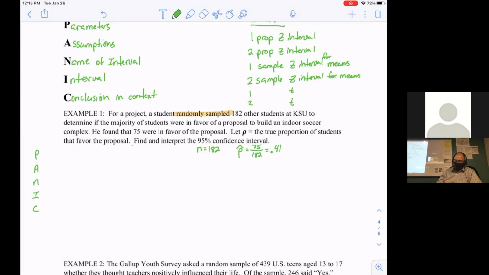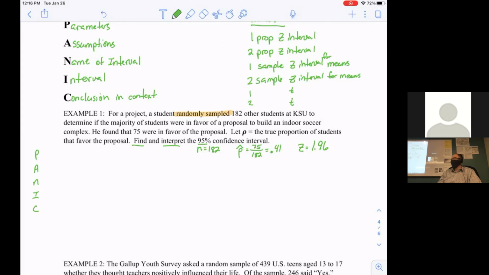Find and interpret. So typically, this is never going to tell you find, but the conclusion part is going to be our interpret anyway. So we're covered. 95% confidence level. So if we're going to use 95% confidence, what critical value are we going to use? Do you remember? 1.96.